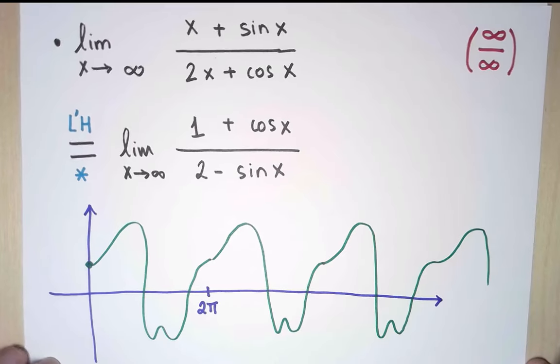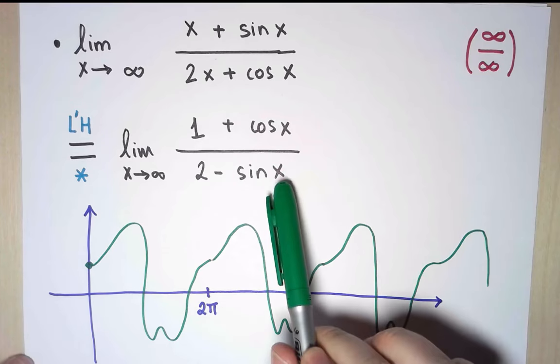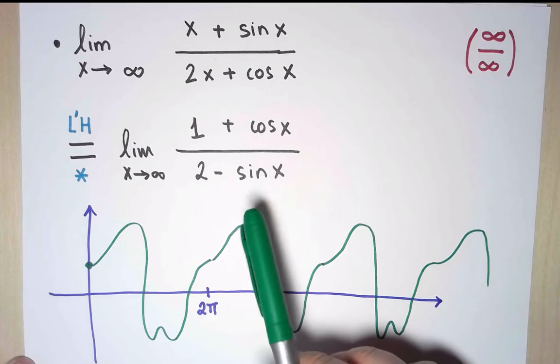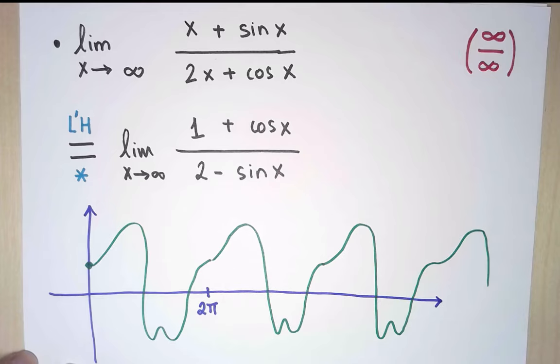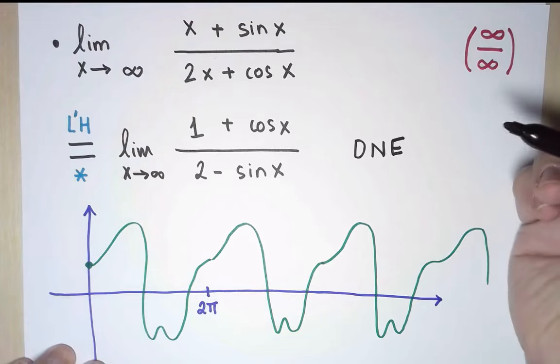And so on. So the function is not going to have a limit as x approaches infinity. A periodic function will never have a limit as x approaches infinity unless it's constant. But periodic and non-constant means this doesn't have a limit. So this limit does not exist.